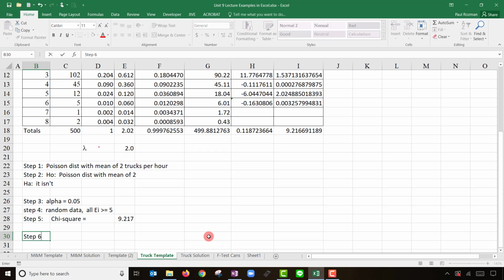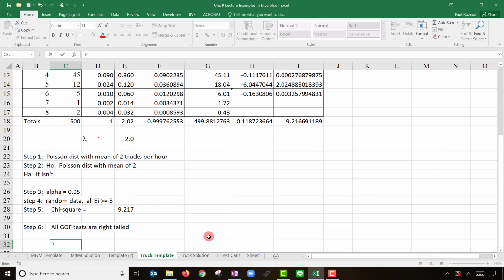Step 6. Shall we do the p-value method? They're always right-tailed. Maybe say that. All goodness of fit tests are right-tailed. The p-value is the area to the right of 9.217.